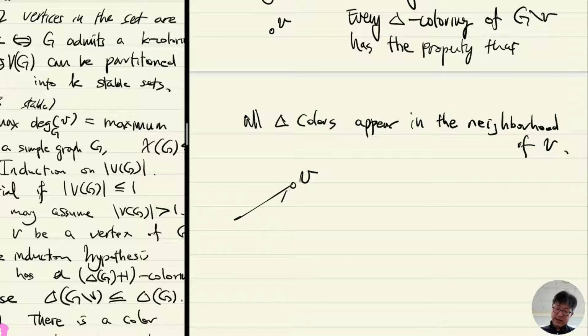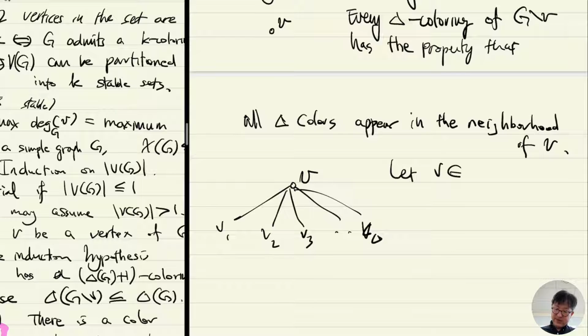Now here's V, and V1, V2, V3, up to V delta. So let V be a vertex.